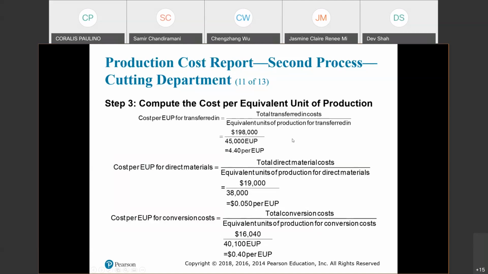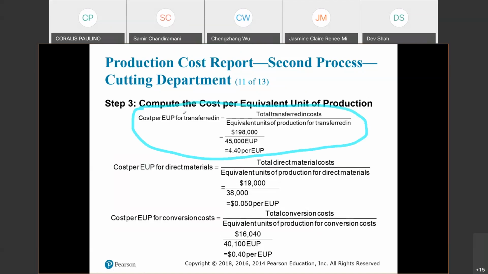So look at this part. The unit cost for EUP in terms of transferred in cost is $4.40.